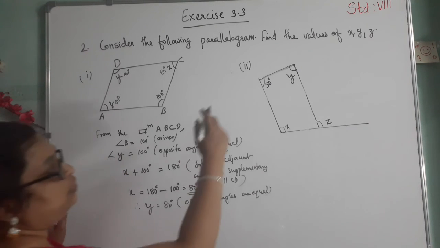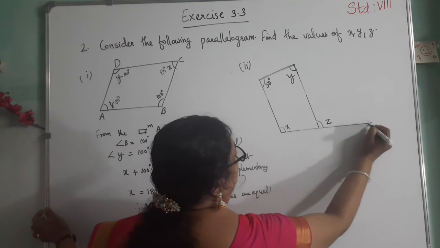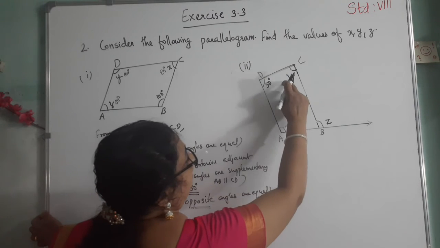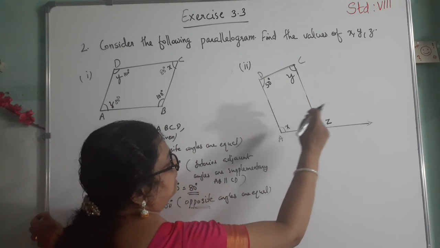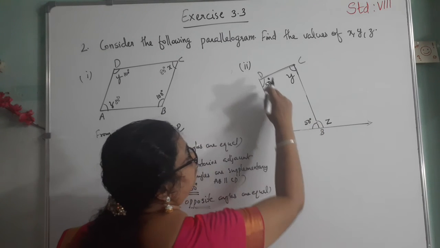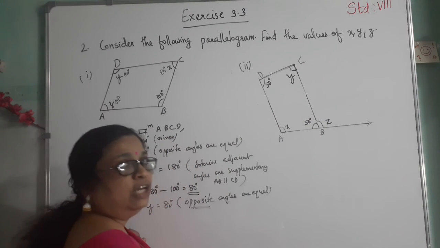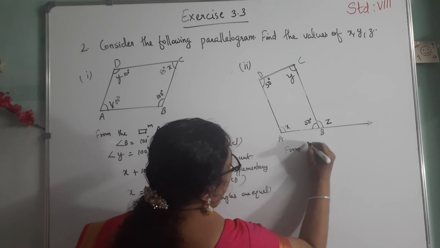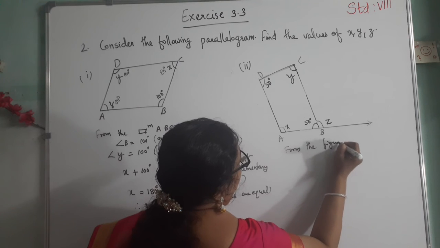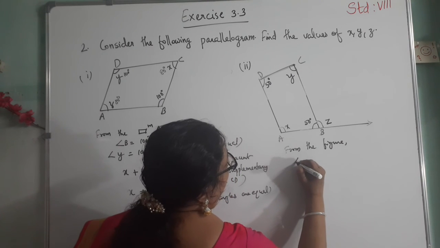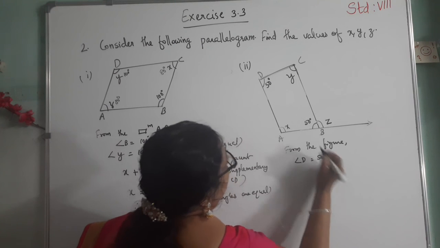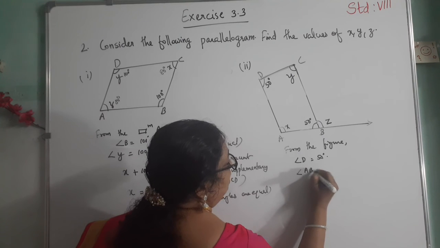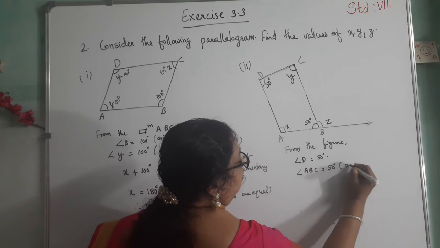Okay, then the second figure is given, we can name it A, B, C, D. Here y, this 50, here x, this also 50 degrees. Why? This D and this B are equal, opposite angles are equal. So from the figure, angle D equals 50 degrees, so angle ABC is also 50 degrees.